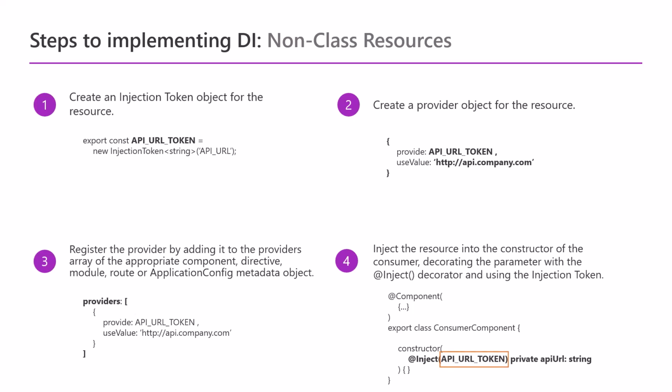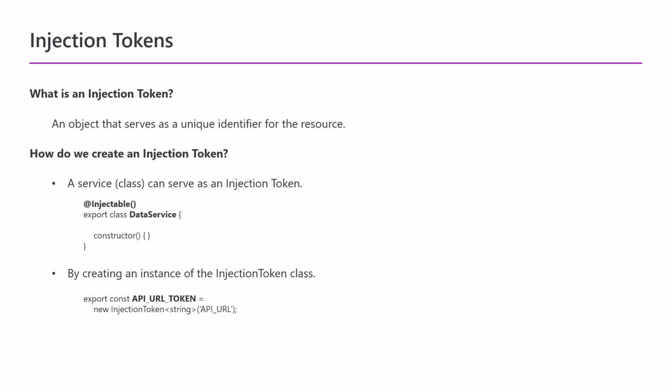In this implementation, we are using injection tokens and provider objects. Let's take a closer look at what these things are and how to create them. In Angular, everything has to have a unique name. Our components have unique names, our directives, our pipes, our interfaces. They all have to have unique names.